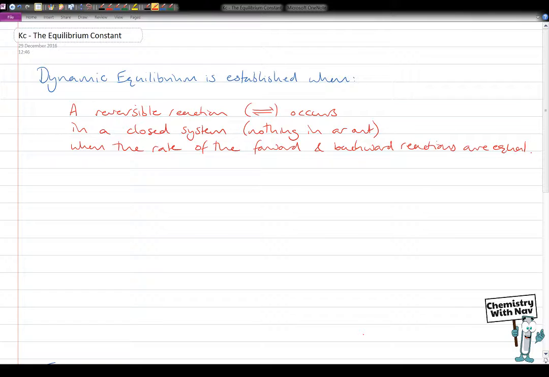So if you take some sort of reversible reaction, let's use one that is hopefully familiar. So N2 plus 3H2 going to 2NH3. Well, that's because nitrogen and hydrogen put together do form ammonia, but at the same time you'll find that ammonia decomposes back into nitrogen and hydrogen.